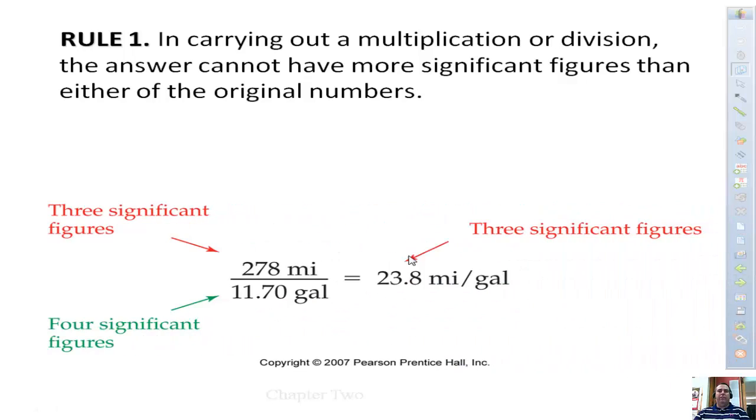So when I look at this example here, 278, that has 3 sig figs. 11.70, that has 4 sig figs. 3 is less than 4, so my final answer can only have 3 sig figs. When you are multiplying and dividing, your answer can only have as many sig figs as the number over here with the least number of sig figs.